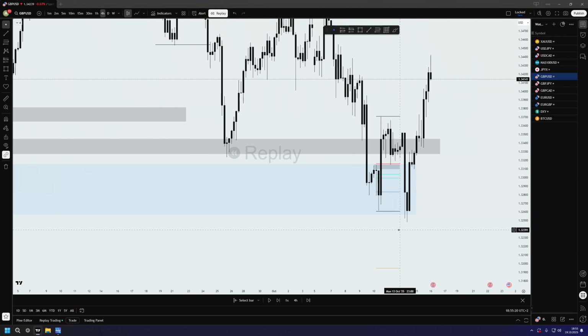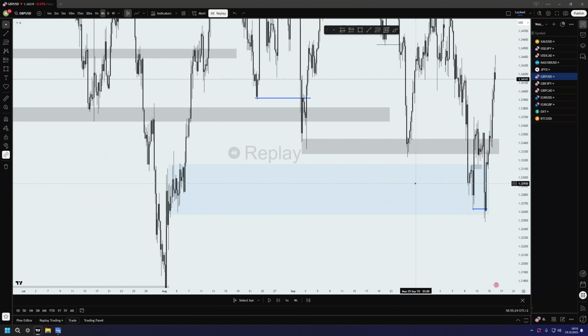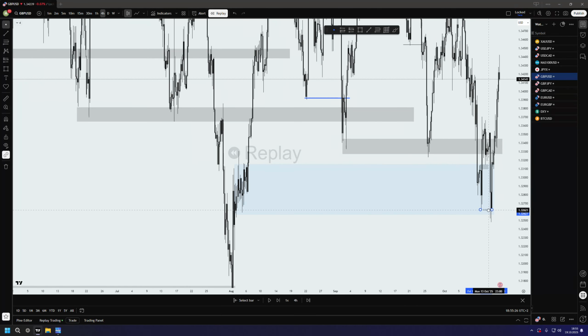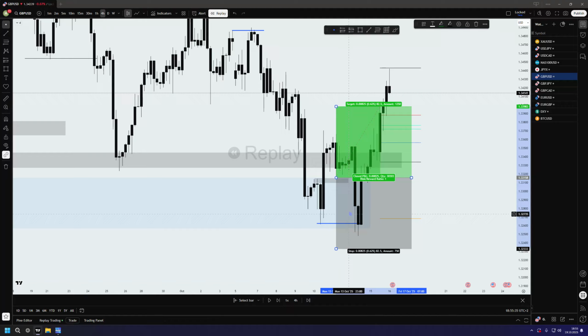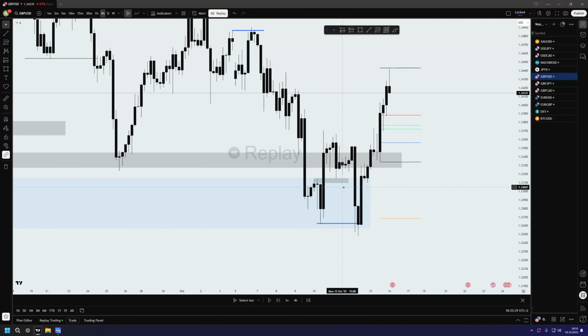So this is pretty common to see that after tapping some sort of zone, we sweep the zone and then fly off it. And even if you trade this right here, you could have broken even already or lost. It's okay, you cannot win every time.